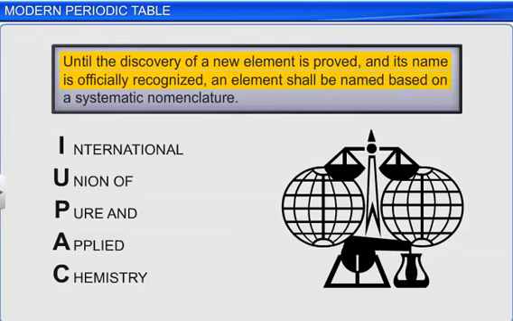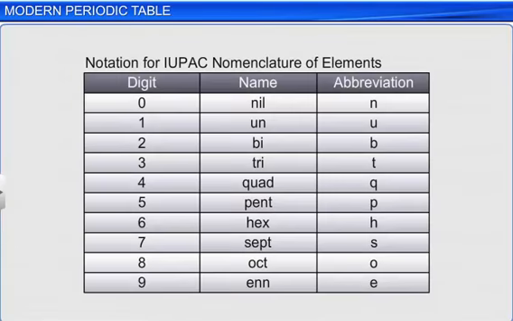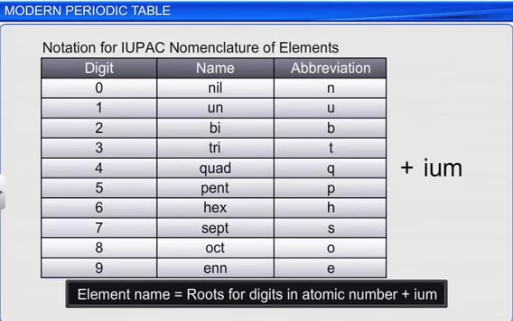This nomenclature is formulated directly from the atomic number of the elements using the numerical roots for 0 and numbers 1 to 9. The roots are put together in order of the digits which make up the atomic number, with -ium appended at the end of the name derived.